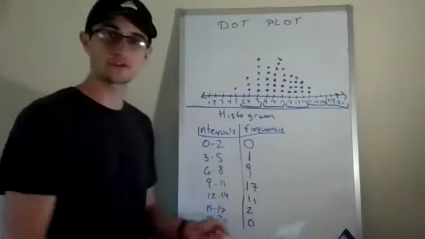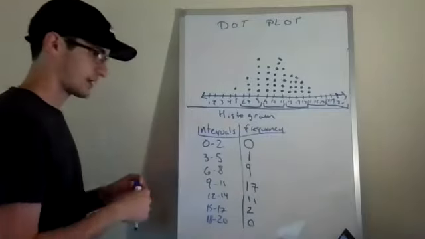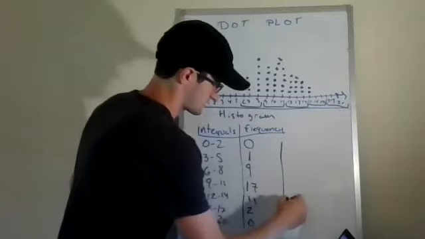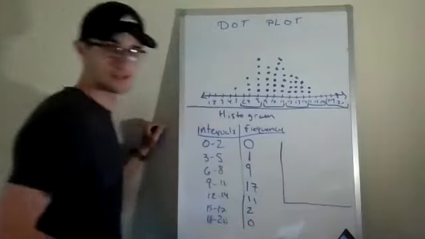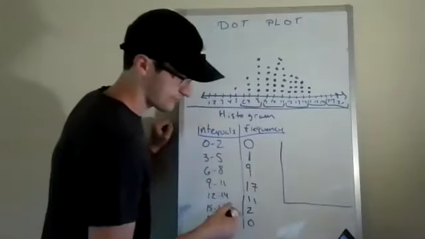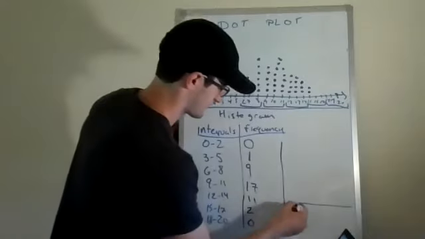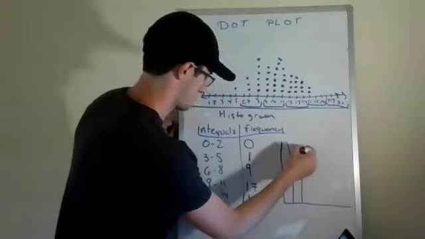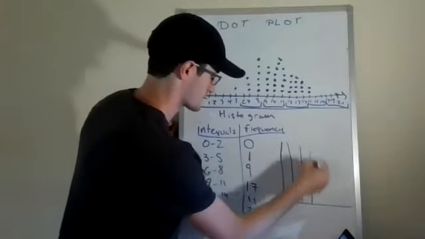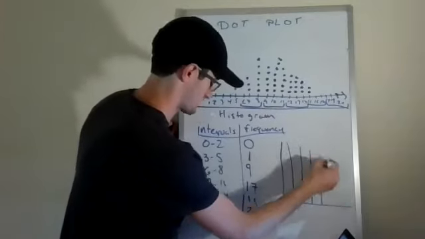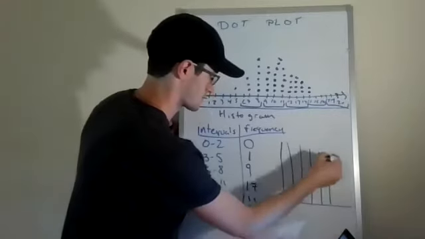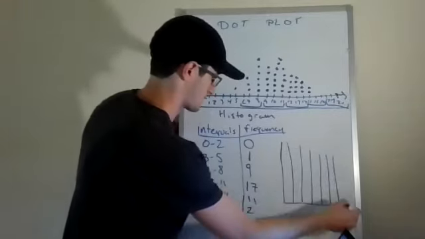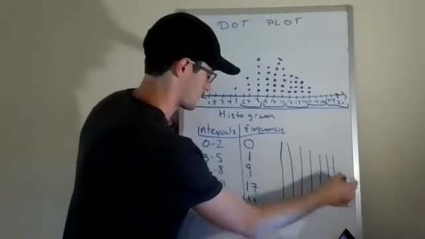All right, now we have this weird graph looking thing, and what I'm actually gonna do is do it over here to the side. It's gonna be a little rough, so bear with me. We should have 0 to 2, 3 to 5, 6 to 8, 9 to 11, 12 to 14, 15 through 17, and 18 to 20.